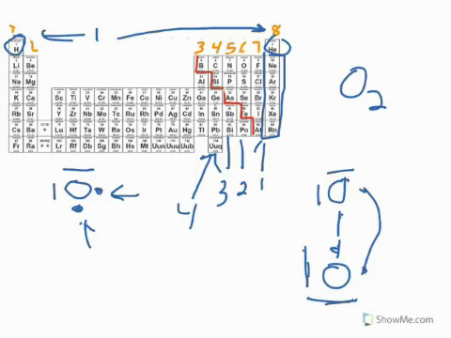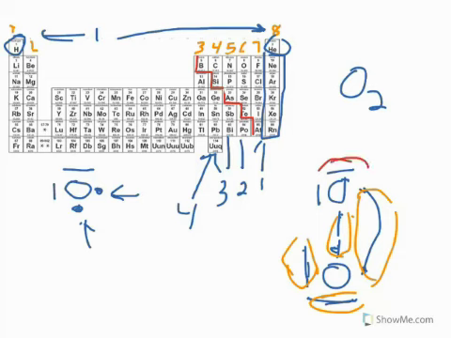But if I count my electrons, each oxygen has 2, 4, 6, 8. Oh, my pen's not working well, I'm sorry. And the other oxygen I'll do in red is 2, 4, 6, 8. What a mess.